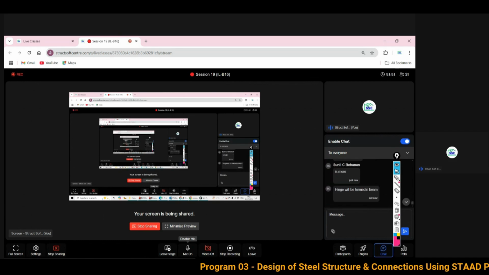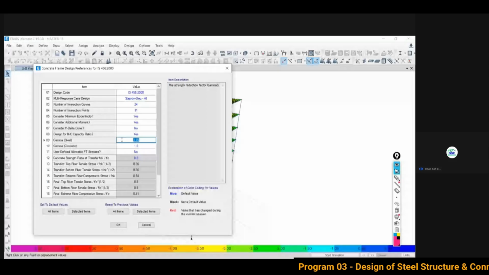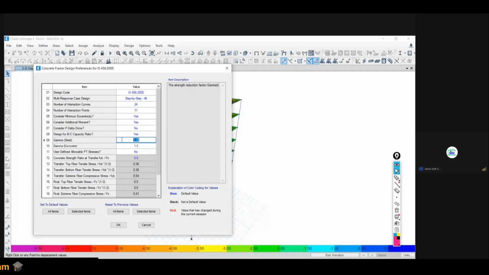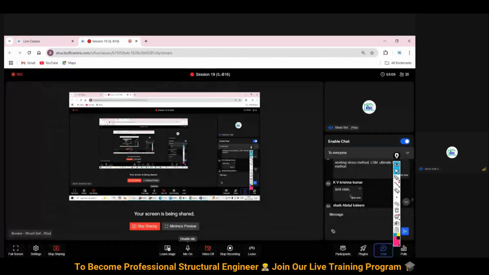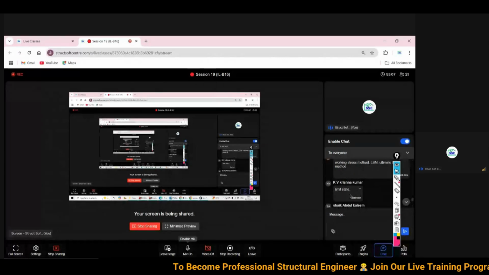Now, what is next? Factor for the material. There are different methods of design. Can you repeat what those methods are? Very good: working stress method, limit state method, and ultimate load method.